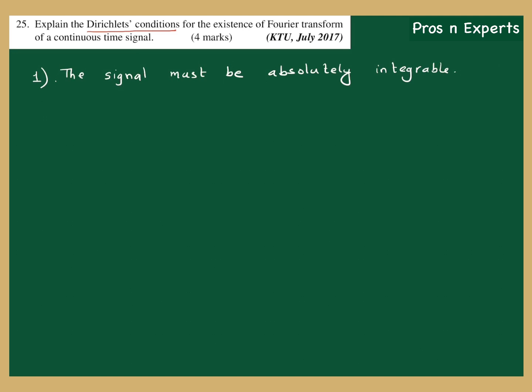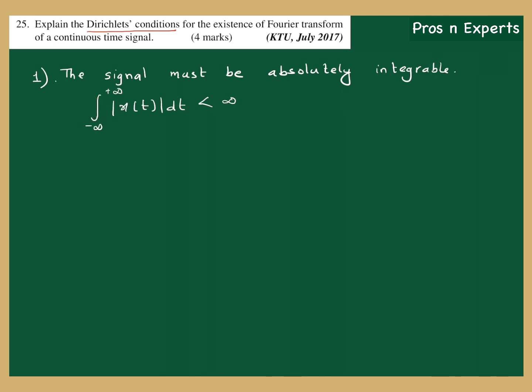That means if x of t is the signal under test, then the integral from minus infinity to plus infinity of mod x of t dt should be a finite value. If your signal is absolutely integrable, then only the Fourier transform of that signal exists. Absolute integrability means nothing but that the area under the signal should be finite.